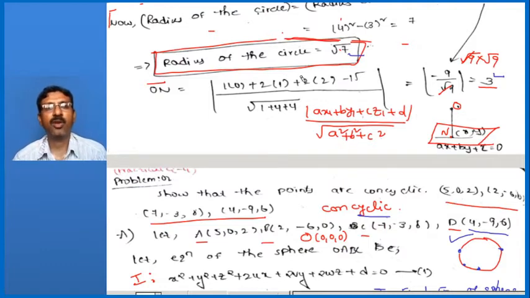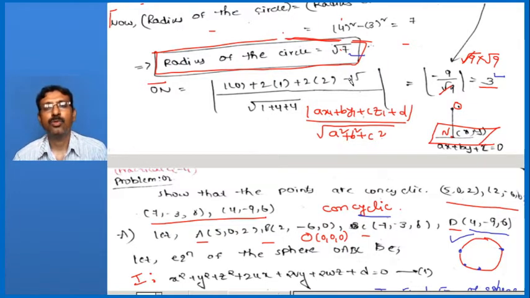Substituting the values, 1 into 0, 2 into 0, 2 into 0, minus 15. This is 0, minus 15, divided by the square root of 1 plus 2 square plus 2 square.